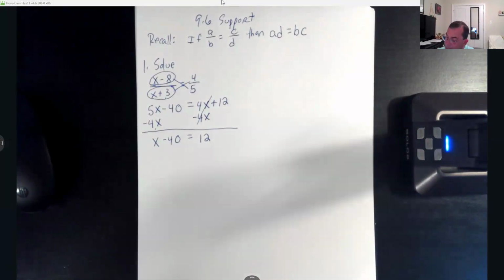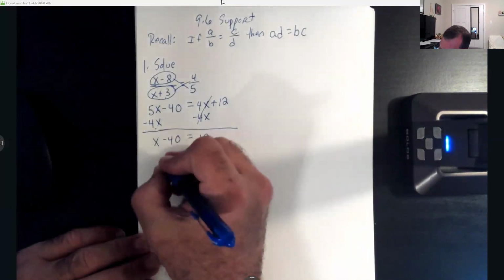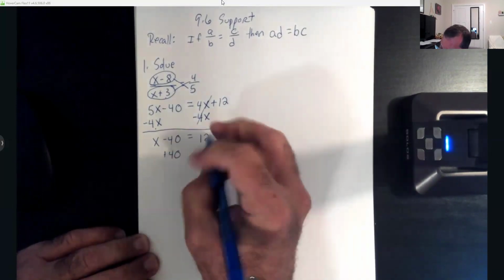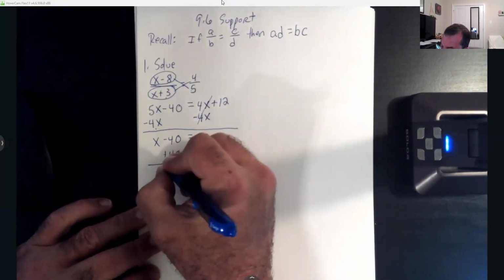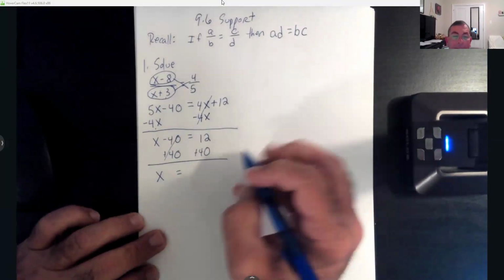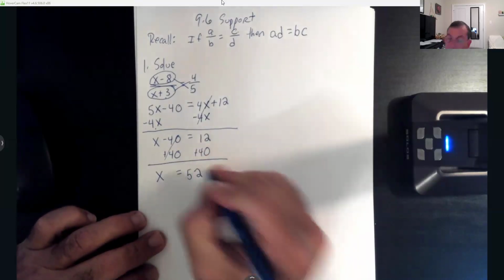All right, y'all, my final step. Get the x by itself. I would add 40. So add 40 to both sides. I get my x. Those cancel. And then 12 plus 40 gives us 52.